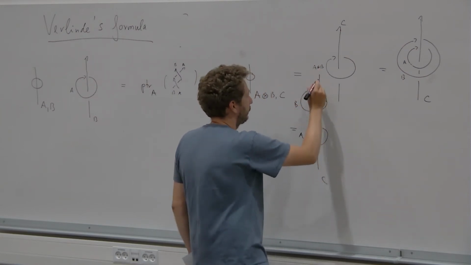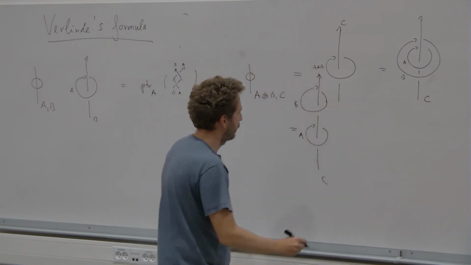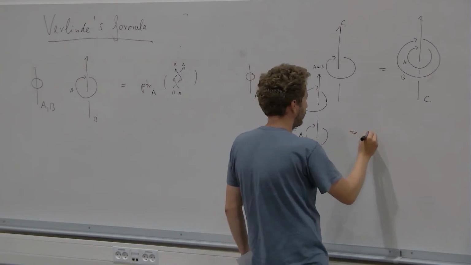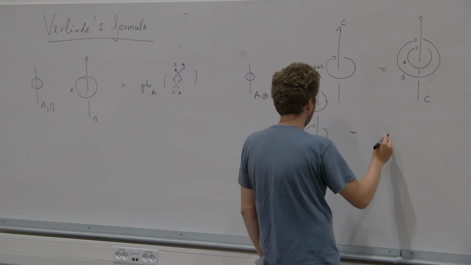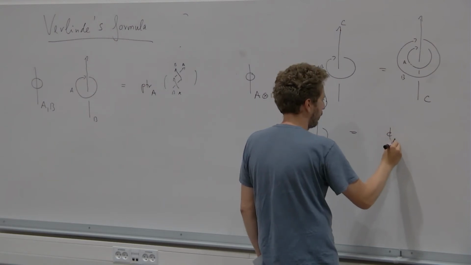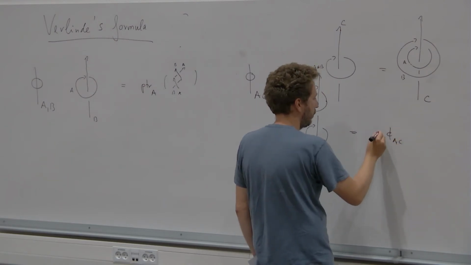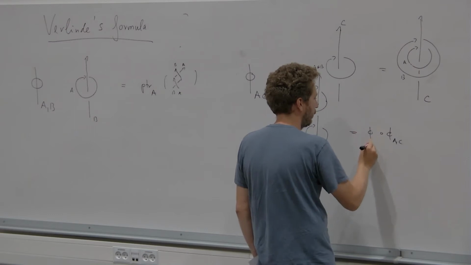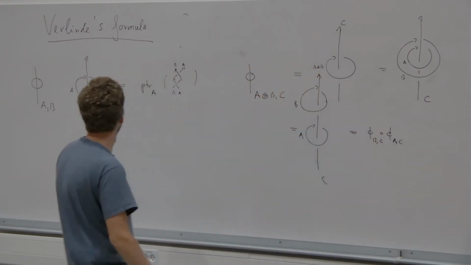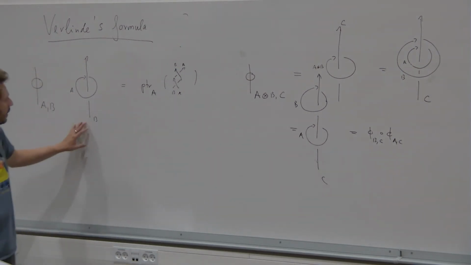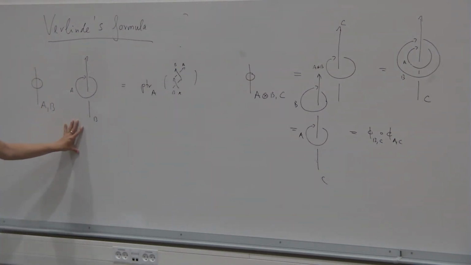Now, so that means I get that this is the composition of the Hopf-link corresponding to A on C, composed with a Hopf-link corresponding to B on C. Now, what are these open Hopf-links? They are endomorphisms on the module C. And what does this statement tell us?